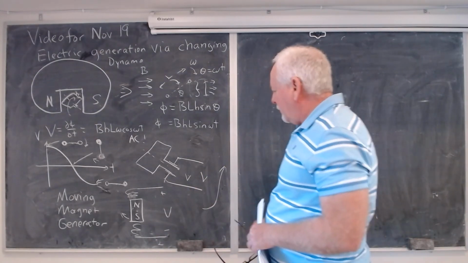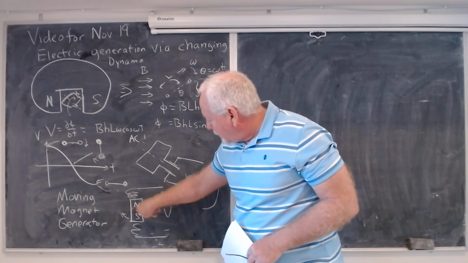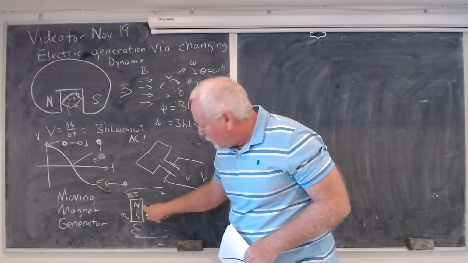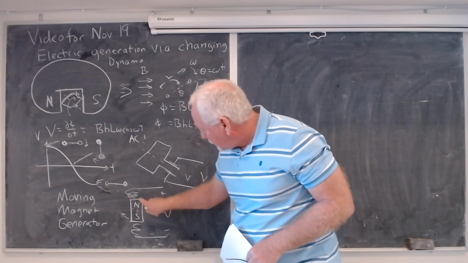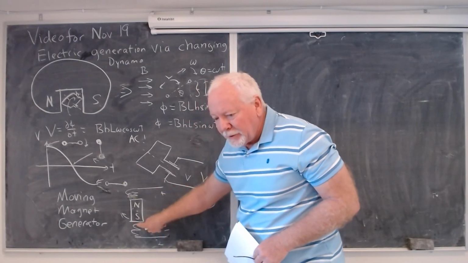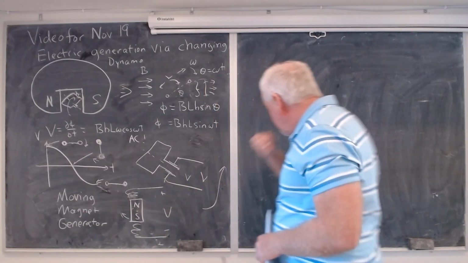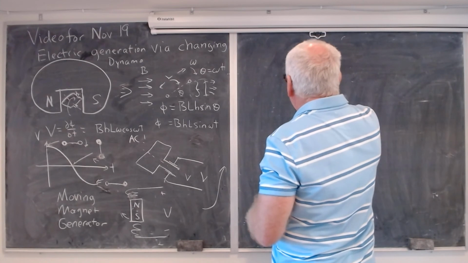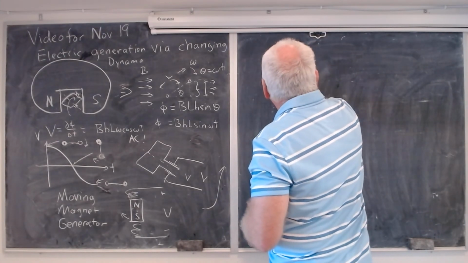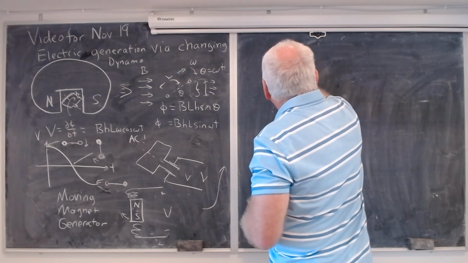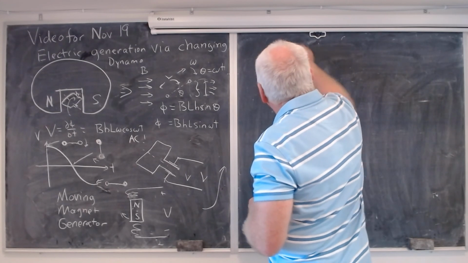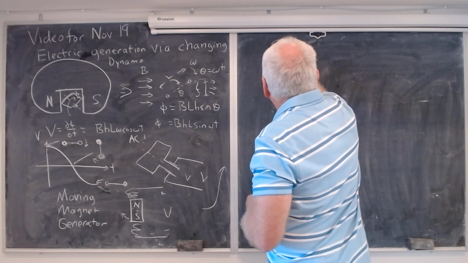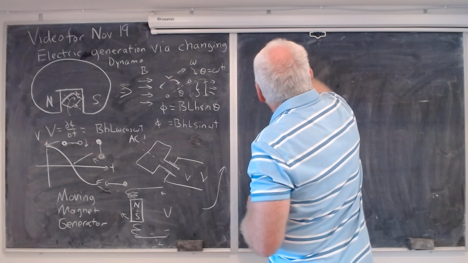This magnet is moving through all this space, and it's only generating voltage at this one point in the circle. So what you do is you take this moving magnet, north, south, rotating, and you have three coil pairs.